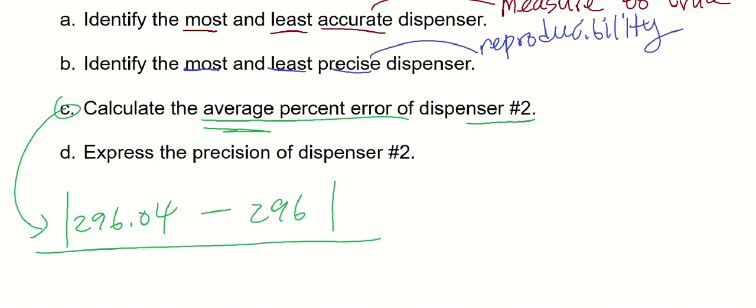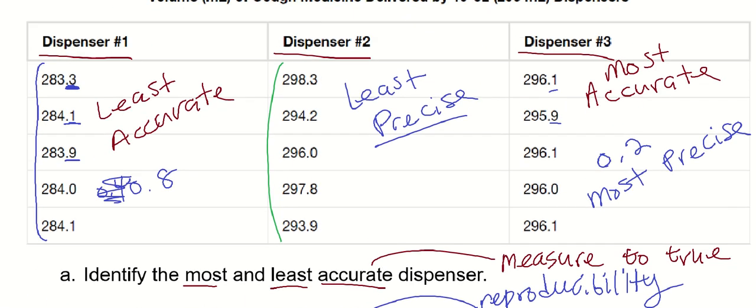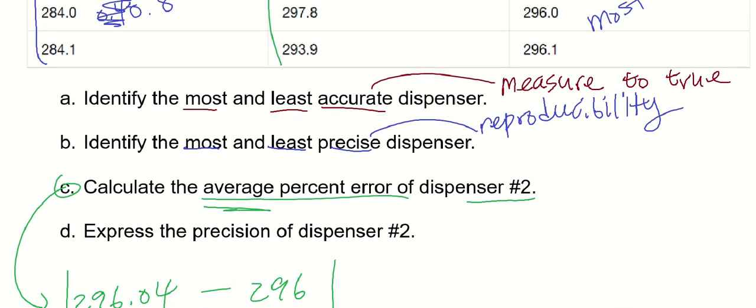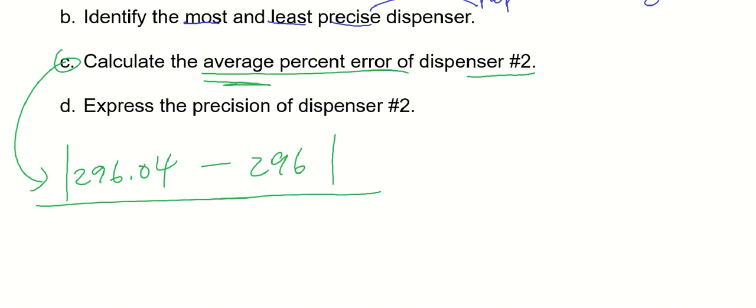Let me just go back and make sure. 296 right there. And put that over the accepted value, 296, times 100. So the percent error is 0.0.